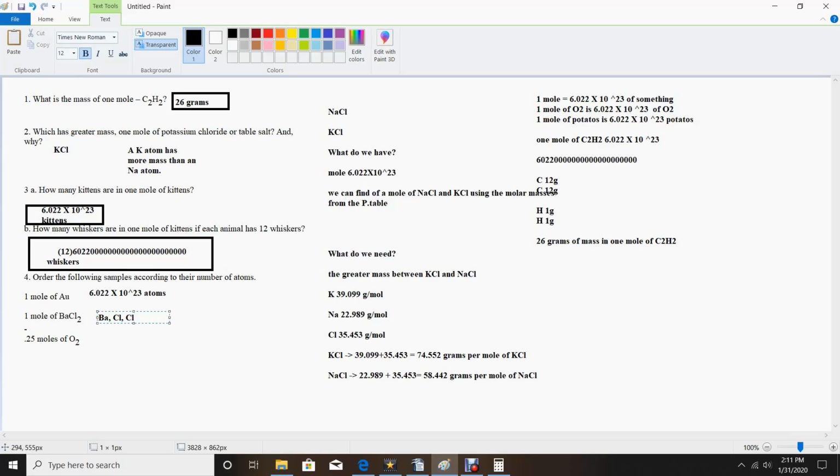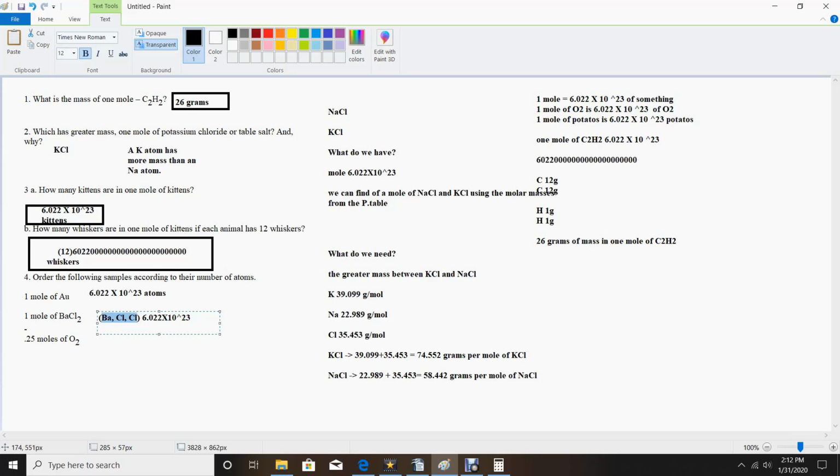That means every one of these molecules contains 3 atoms. And there is 1 mole of those molecules. So we could write it like this. That many atoms times Avogadro's number.